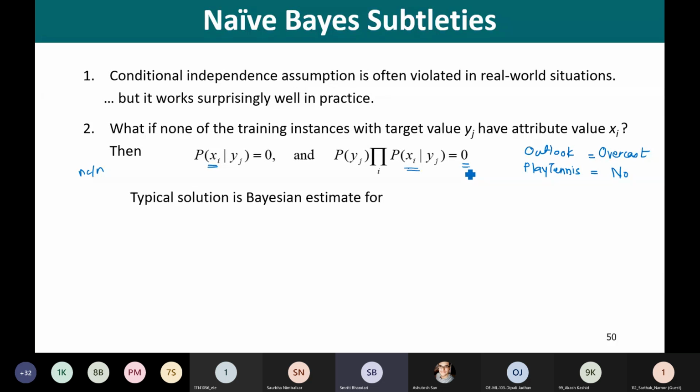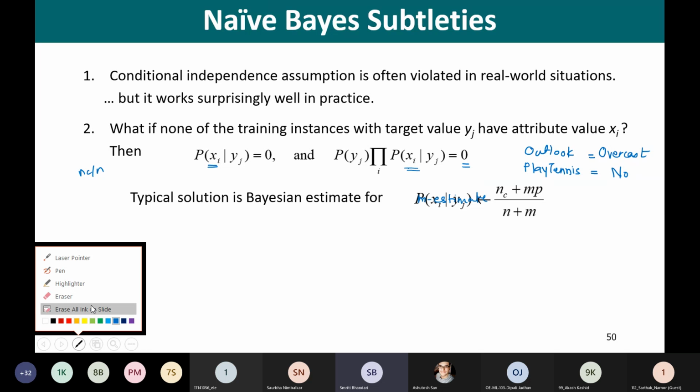Right? So, if we would like to avoid this difficulty, what is the solution? The solution is the Bayesian estimate known as M estimate. So, what does this mean?